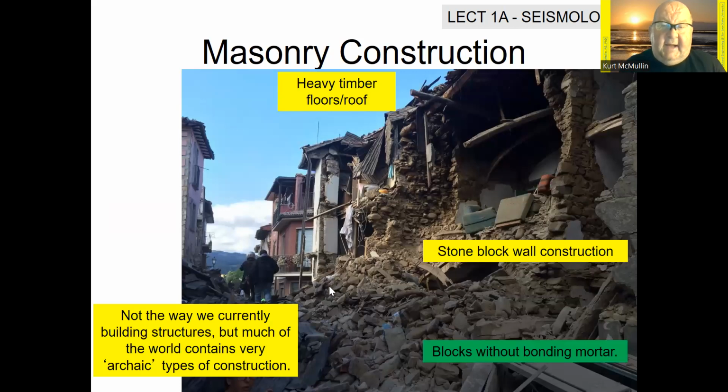If we go into that neighborhood, we look at masonry construction. Here's a stone block wall construction. It's got relatively heavy timber floors and roofs. It's not really the way we build structures today, but obviously in countries like Italy, there are still many structures that use blocks without any bonding mortar.